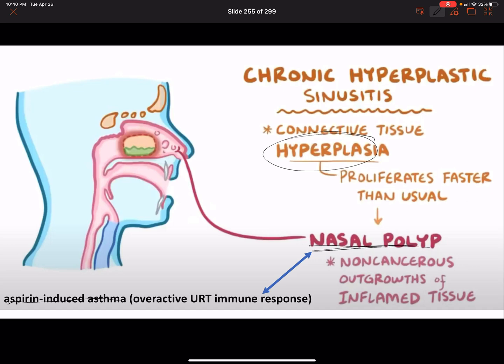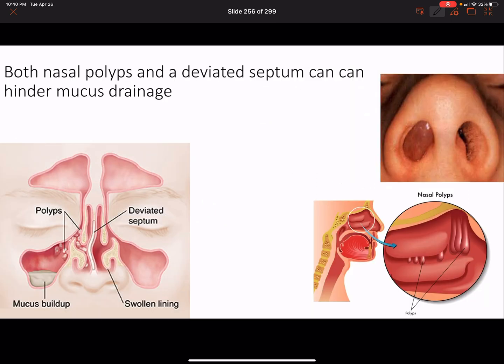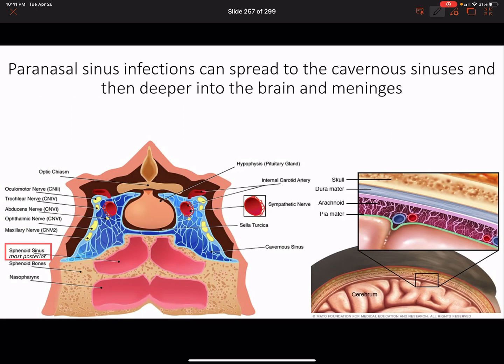This can generate nasal polyps, which are completely benign, but nevertheless quite annoying outgrowths of inflamed tissue, shown here, and they can block normal mucus flow. So this can cause a mucus buildup. A deviated septum as well can be just as pesky, being a hindrance to mucus drainage.